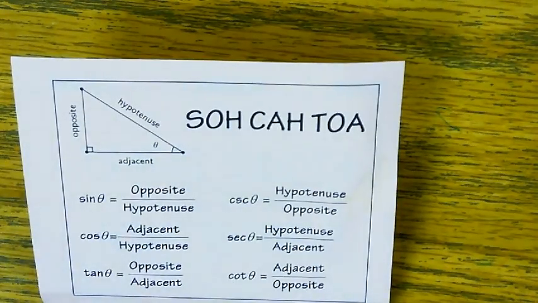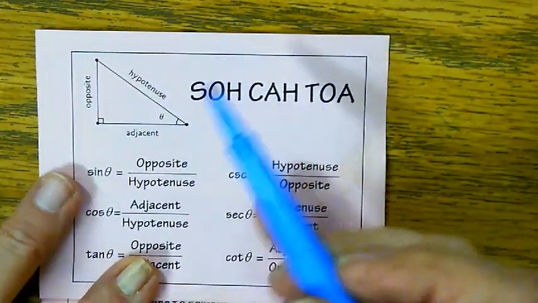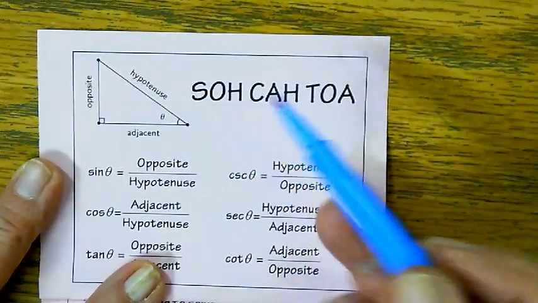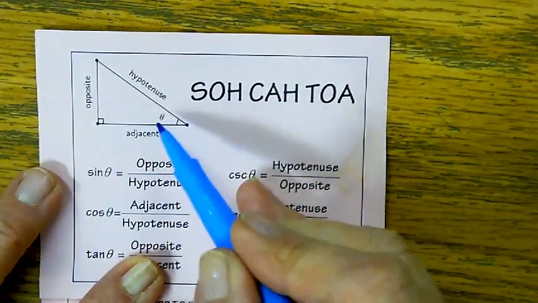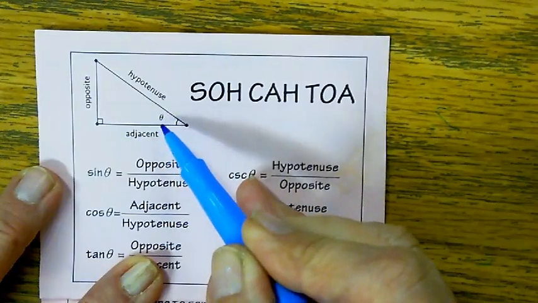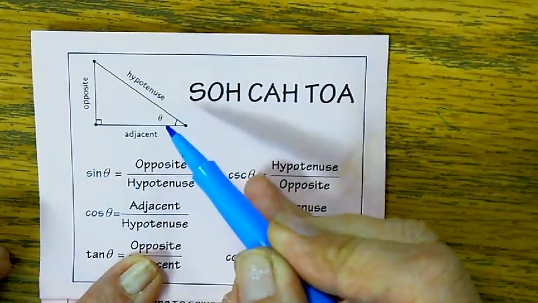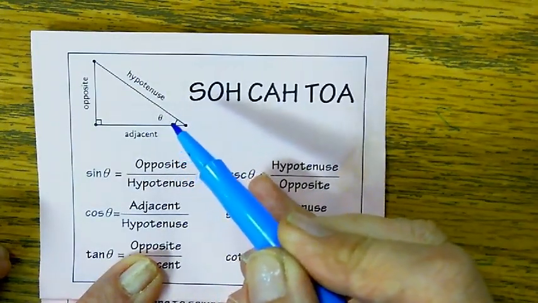Okay, so when you have a right triangle, first thing you're going to do is take your right triangle and label it, depending on what angle you're dealing with. Like here, see how they put that little thing that looks like a zero with a line through it, that's a theta.